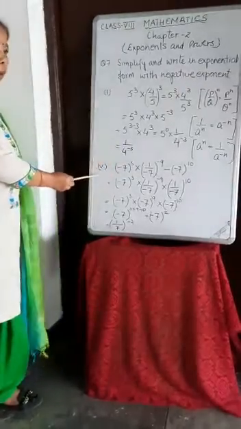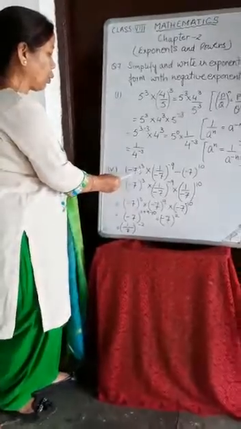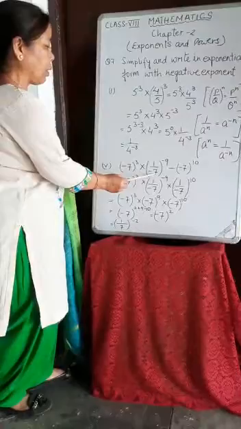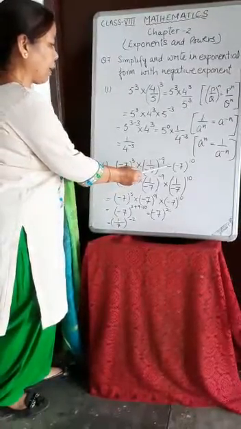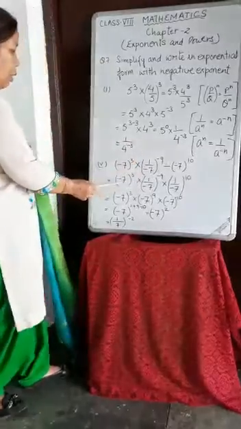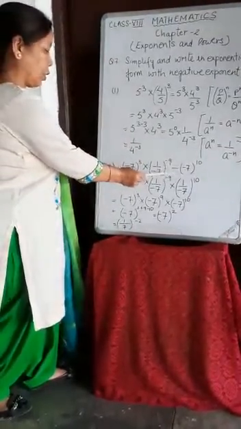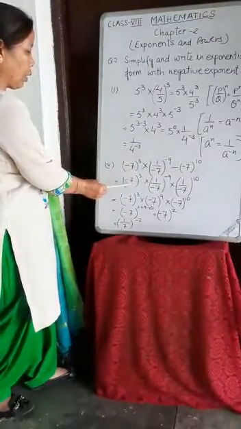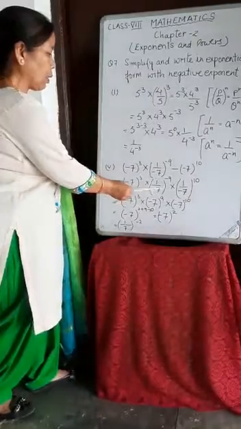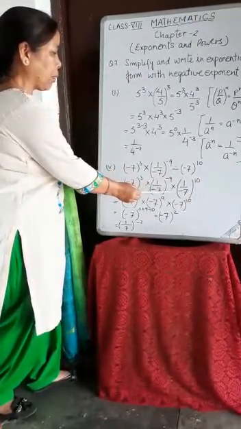Now taking the fifth part of the same question, which is (minus 7) raised to the power 3 multiplied by 1 upon (minus 7) raised to the power minus 9 divided by (minus 7) raised to the power 10. Now here, according to the BODMAS rule, we have to divide first. So this term will come as same, multiplied by 1 upon (minus 7) raised to the power minus 9. This division sign will change into multiplication.